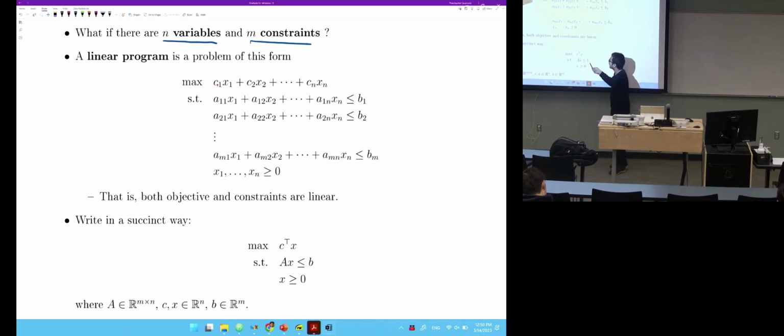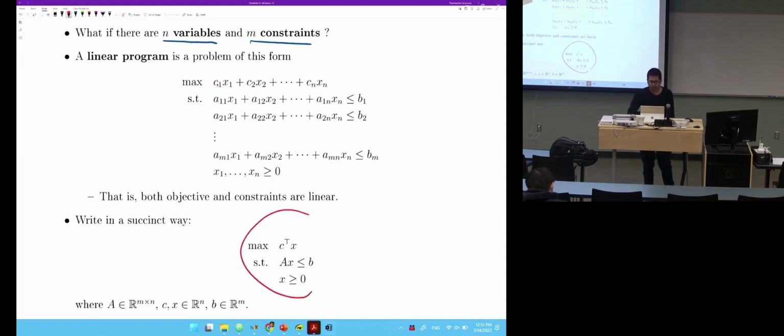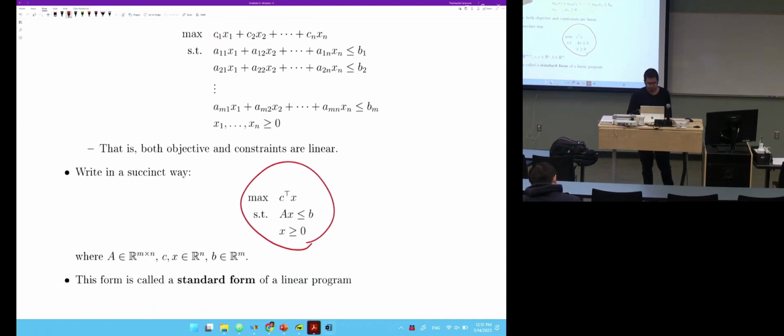Now the constraint can be written as Ax at most b. For C, you just make a vector of the C's, and Cx is now the objective. This is called the standard form of a linear program.